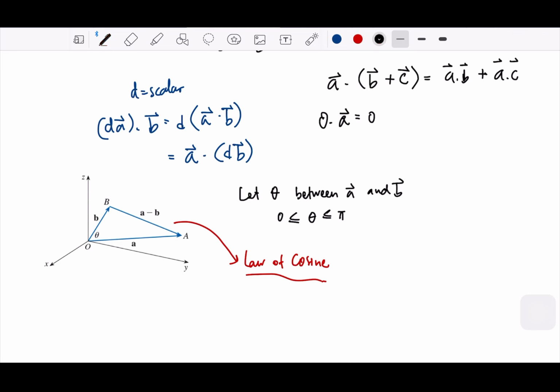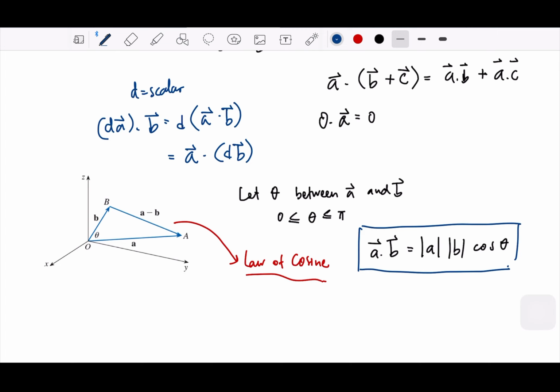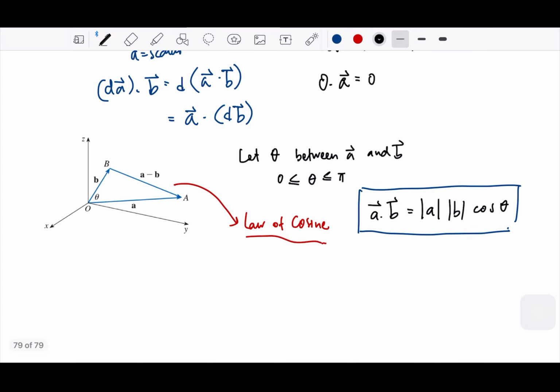I think we will have A dot B equal to this. And from here we can rewrite it in terms of cos theta.